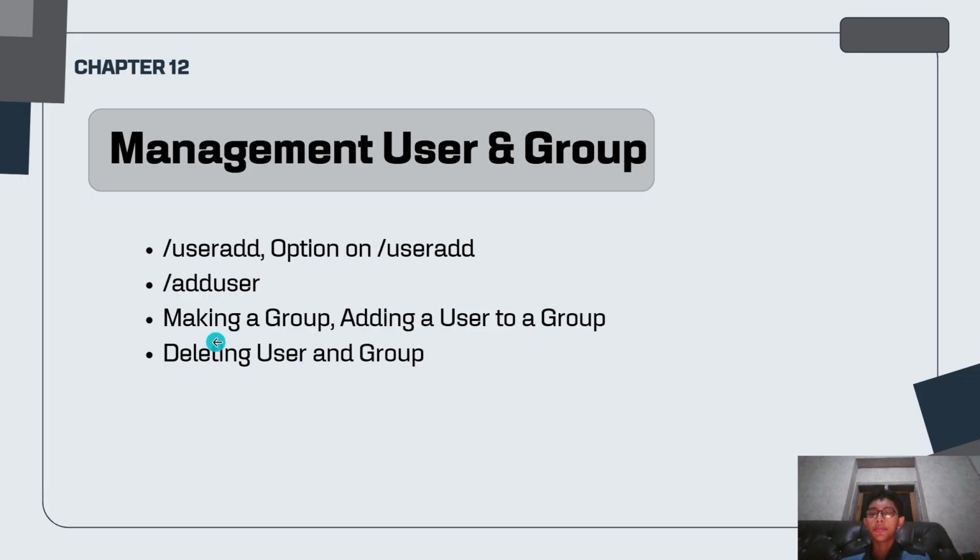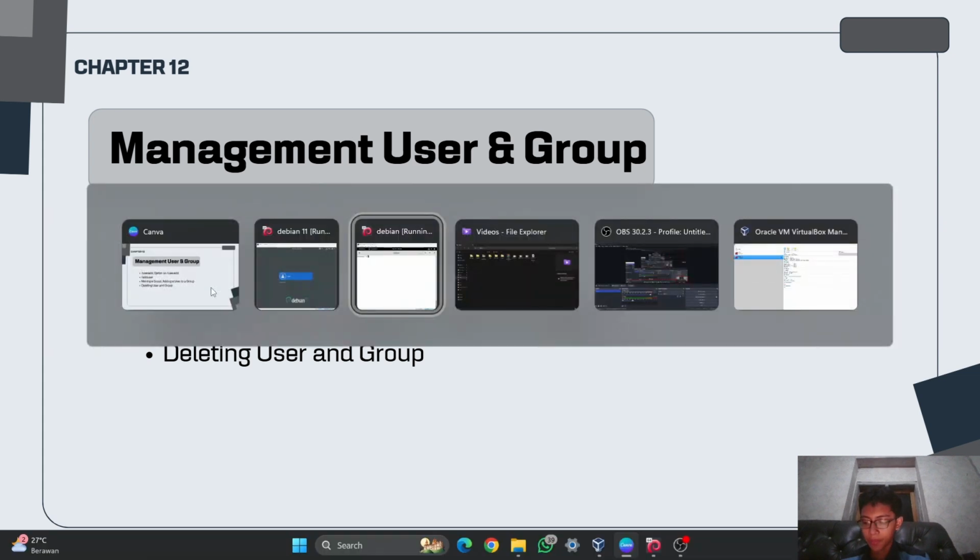And then I will practice making a group and adding a user to a group, and then I will practice deleting a user and group. So first one, I will practice useradd.